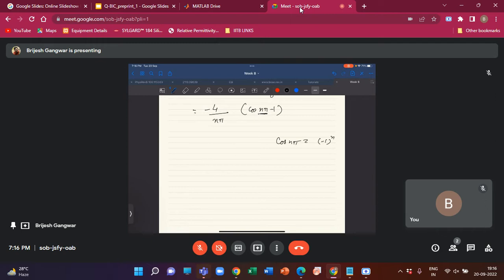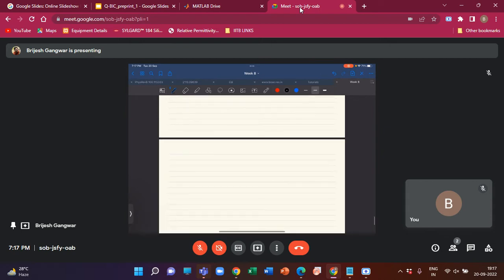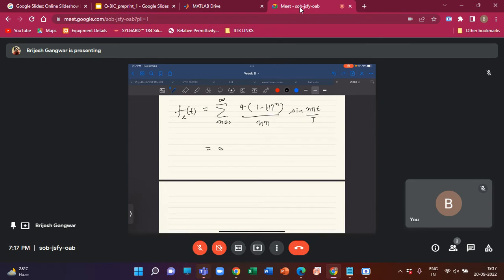Okay, so if we substitute this, the Fourier series of this function f1 of t can be written as the summation from n equal to 1 to infinity of 4 times 1 minus (minus 1) to the power n upon n pi, sine n pi t over T. Okay, so if you expand this, then you can write 8 by pi sine pi t by 2 minus 8 by 3 pi sine 3 pi t by 2 plus so on.